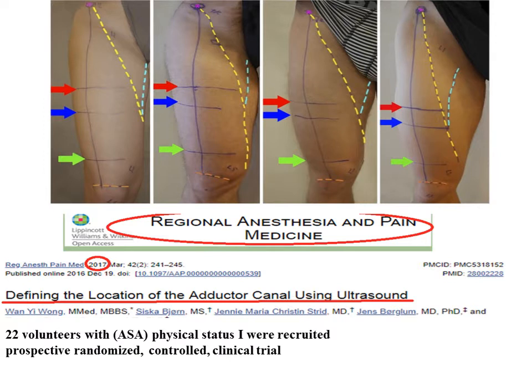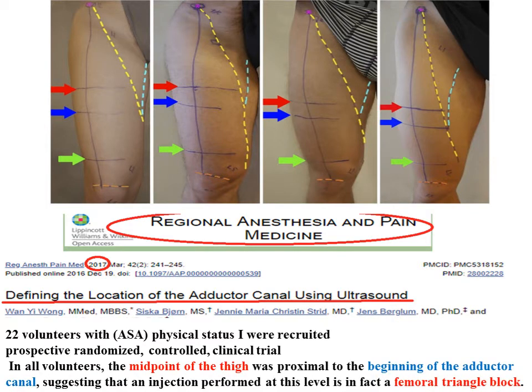In all volunteers, the midpoint of the thigh, which is the red arrow here, was proximal to the beginning of the adductor canal, which is blue, suggesting that an injection performed at this level, the red point, is in fact a femoral triangle block. Hence, the second name of the adductor canal block is femoral triangle block.